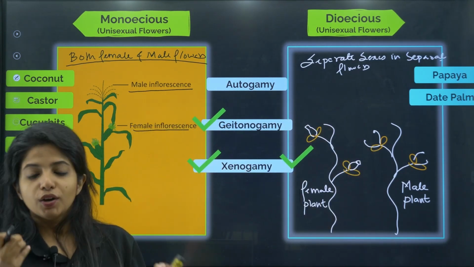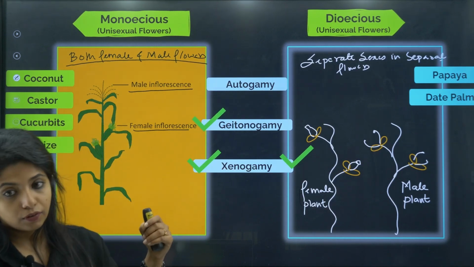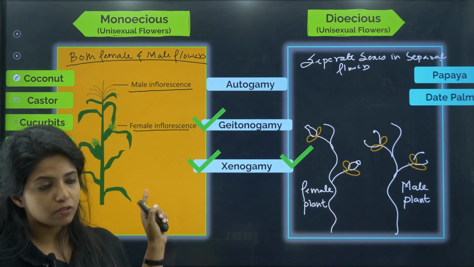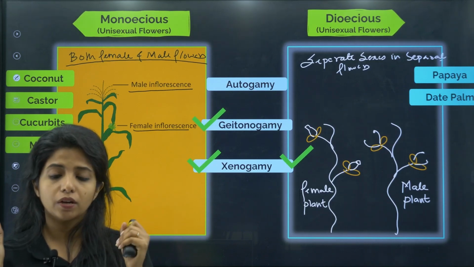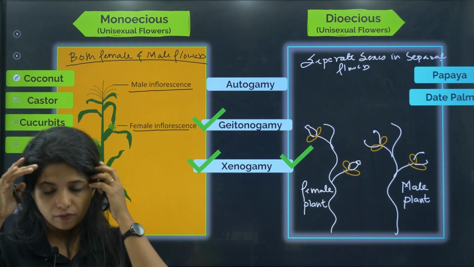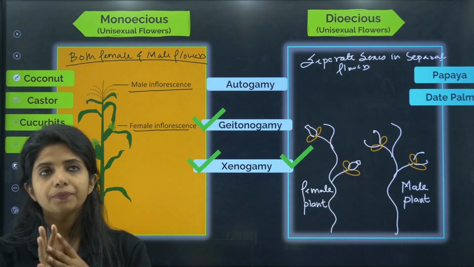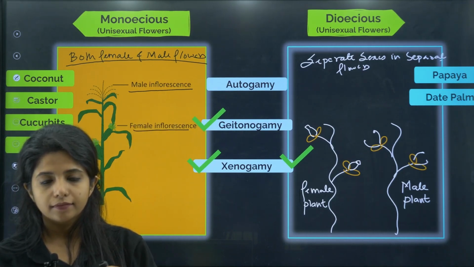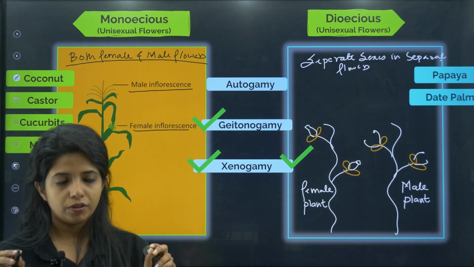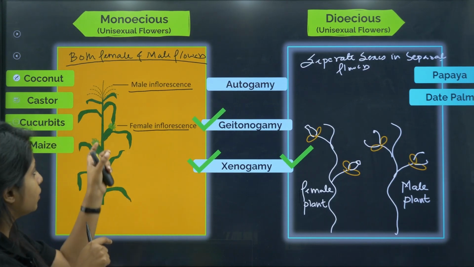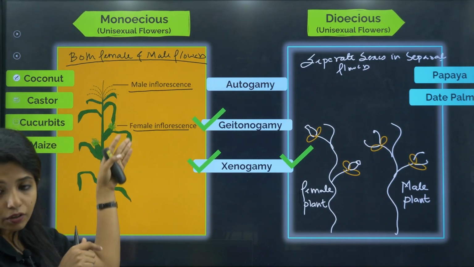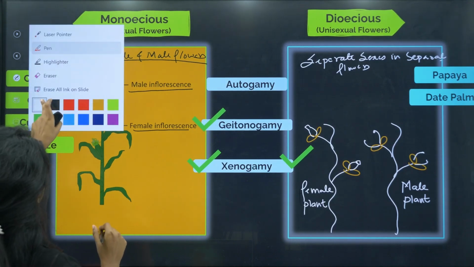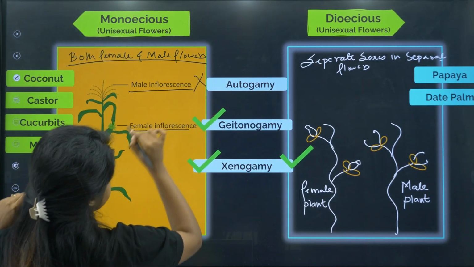Now take the monoecious plants with unisexual flowers. I am not talking about bisexual flowers, where there is anther and stigma together in a flower. I am talking about unisexual flowers. Over here, do you think autogamy can take place? No, children. For autogamy, you need male and female in the same flower, but these are unisexual flowers. So autogamy cannot take place in monoecious unisexual flowers.